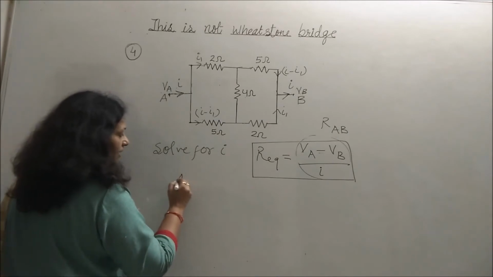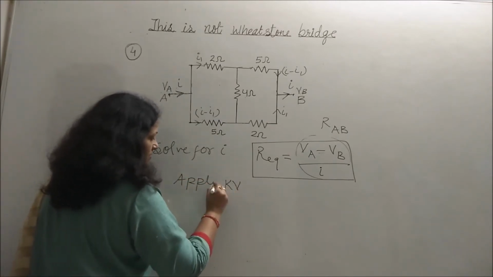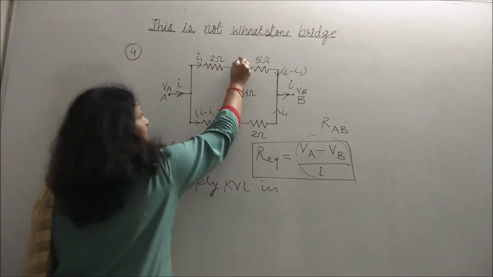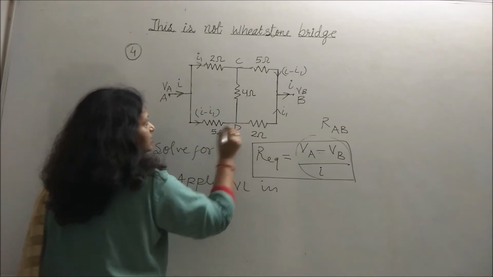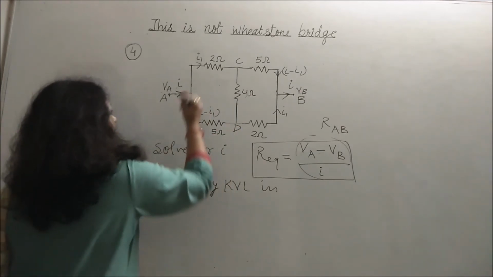So apply KVL in the circuit. Suppose this node is C and this is D. First we will apply KVL in this loop.